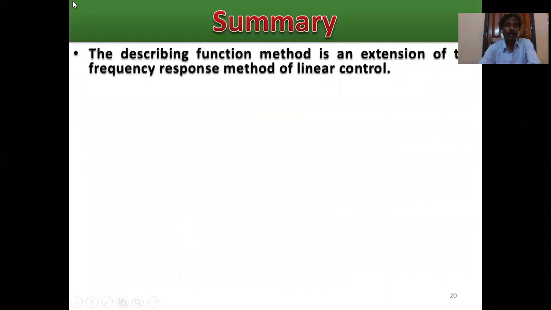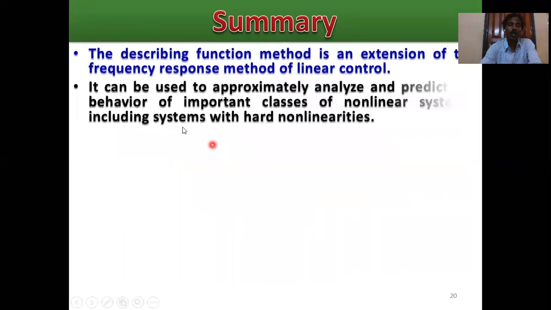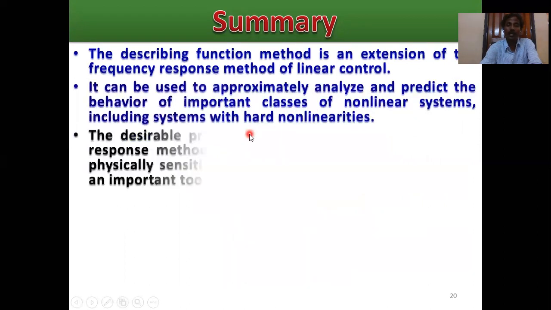What is the summary? The describing function method is an extension of the frequency response method of linear control. It can be used to approximately analyze and predict the behavior of important classes of nonlinear systems, including systems with hard nonlinearities.